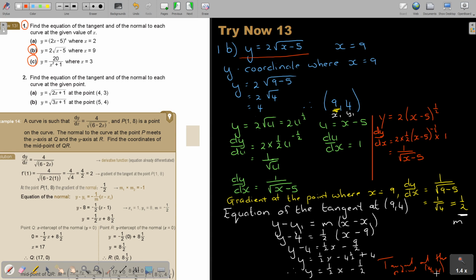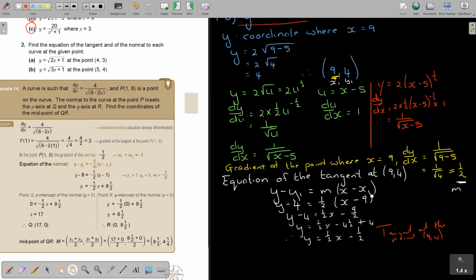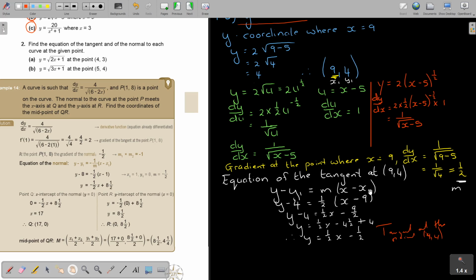I must move up a little bit. I will now clean again. I have all the information, so it's very easy now to find the normal. Remember, the normal is perpendicular. I want to take another color.